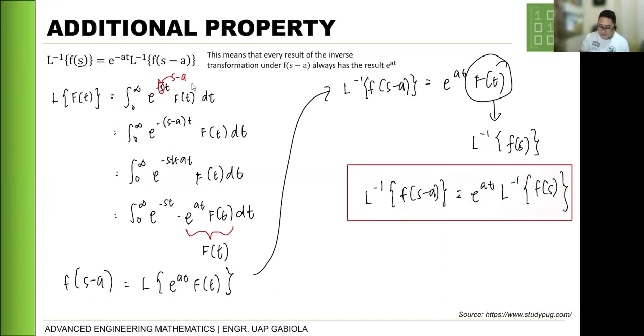That's why it's indicated here na this means that every result of the inverse transformation under a function with s minus a will always have the result of e^(at) on the final solution. Okay? So, paano natin yan i-utilize? So, let us use that on the succeeding example.